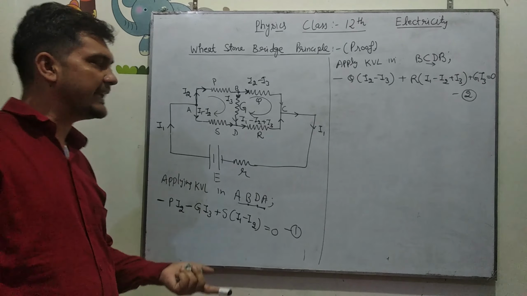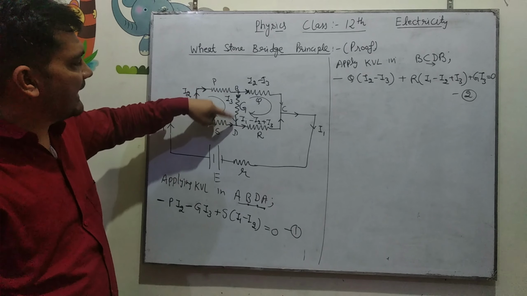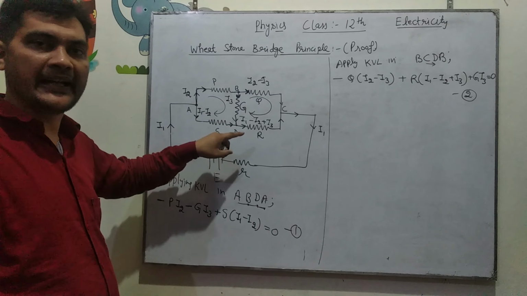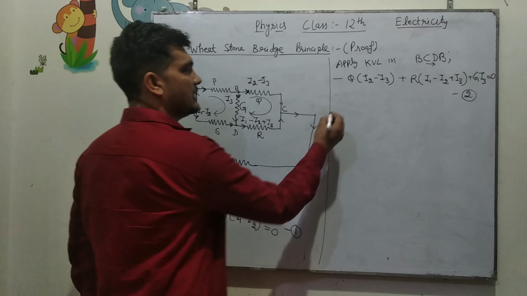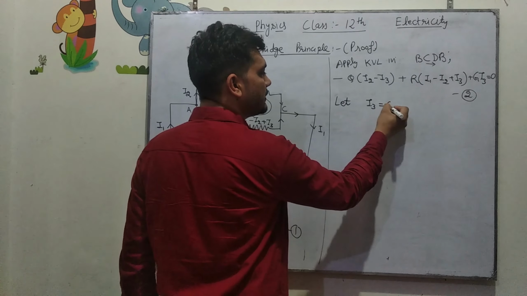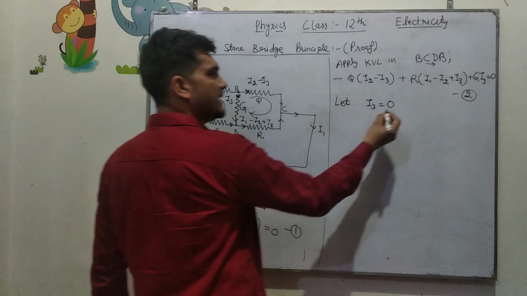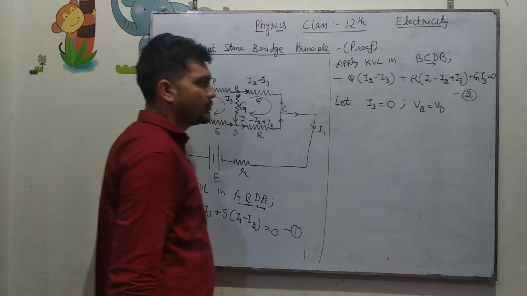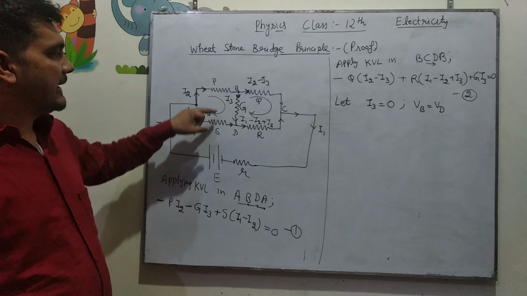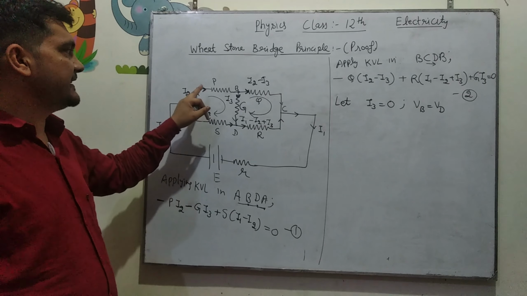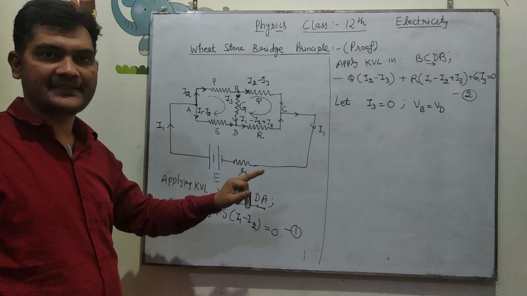I am assuming that these 2 points are at same potential, then this current I3 will be 0. So let I3 is equal to 0, means these are at same potential. We have assumed that potential at B is equal to potential at D. I am assuming that this current is 0. Then I want to obtain this relation P by Q is equal to S by R.